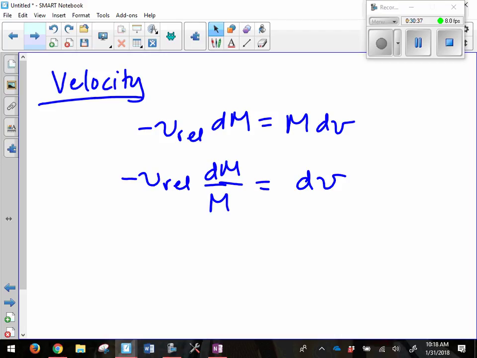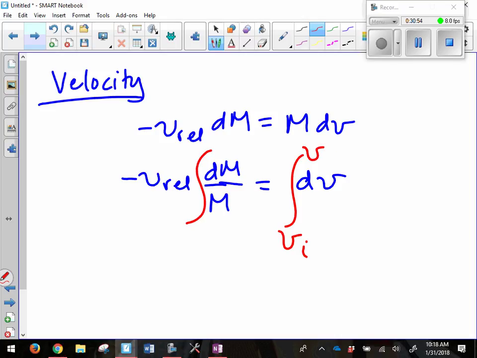And then, like I said, you're not going to be able to help yourself, and you're going to want to integrate. But I'm going to integrate between some initial velocity and some final velocity, and some initial mass and some final mass.